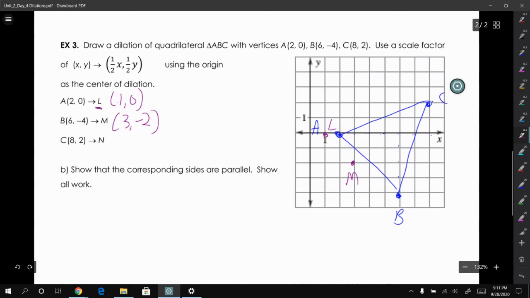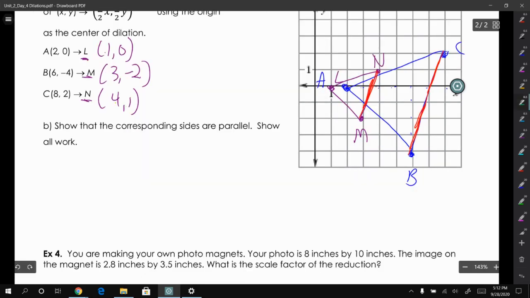And C is going to be point N at 4, 1. So the reason we're not using the prime notation here is because the directions tell us what these points are going to be called.